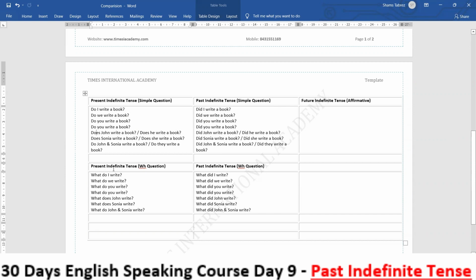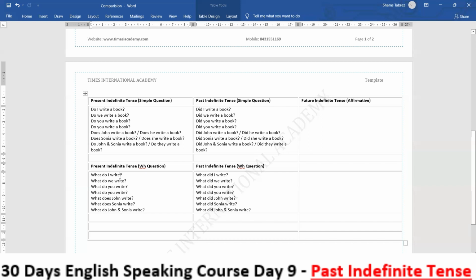Now, present indefinite WH question. So as we know, all WH questions start with a WH word, like do I write a book? So what we are doing, we just add a WH word to a simple question to make a WH question. You can add additional words if you want.